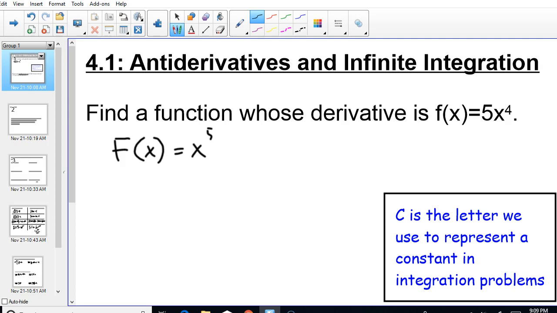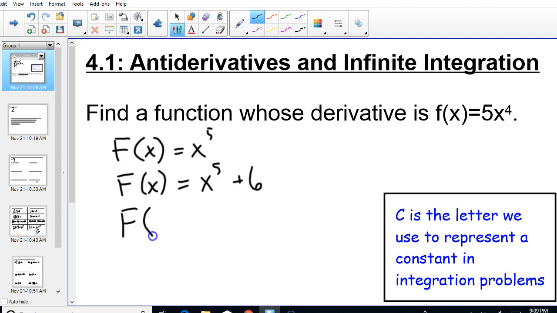However, this is not our only option. In fact, we have infinite options, which is why this is also called indefinite integration, because the function capital F of x equals x to the fifth power plus 6 also has the derivative of 5x to the fourth power.